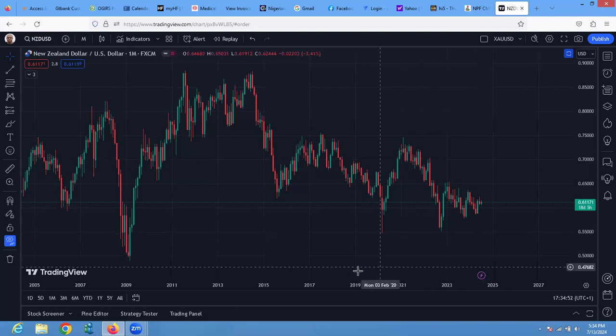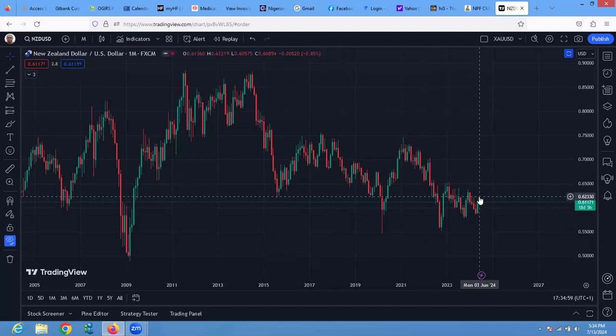On the monthly, we need to break this candle here, the doji here, to signify we are going up again. The day we break this point here of 63,880 tells you we are going back in an uptrend.